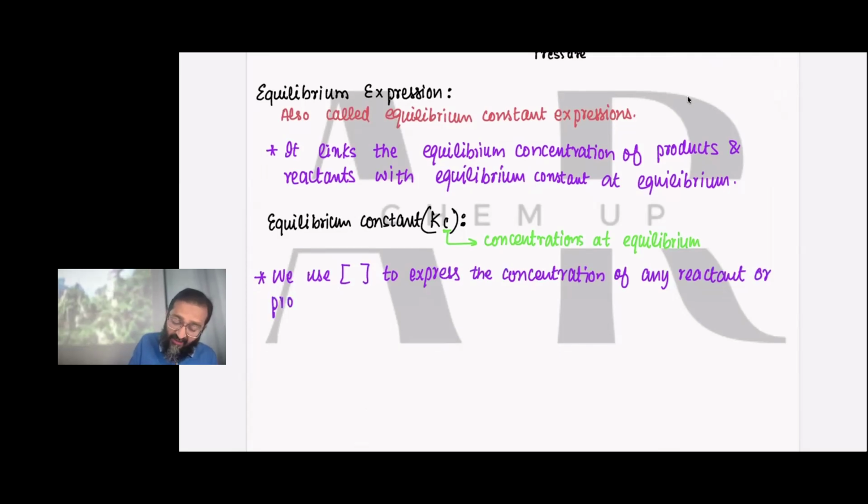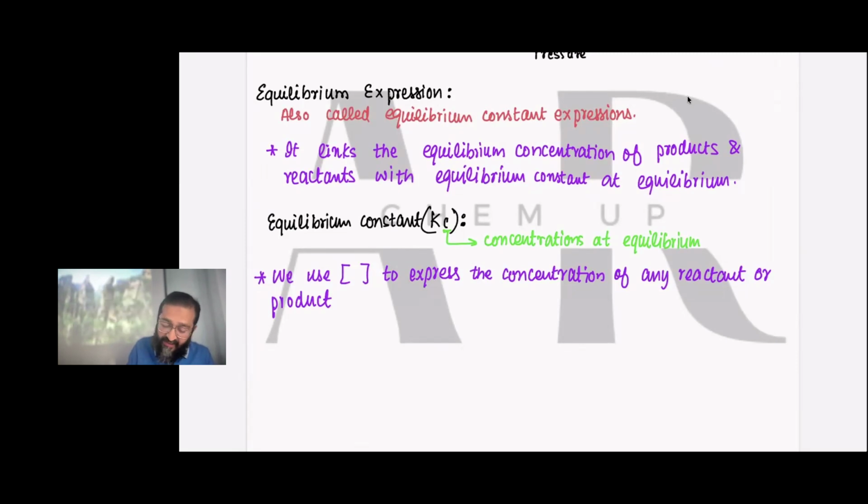So instead of writing the whole statement, the concentration of hydrochloric acid, we just put the square bracket and enclose HCl in it. It means the concentration of hydrochloric acid.